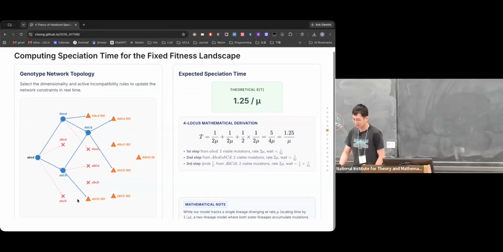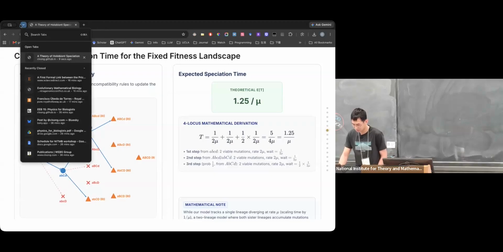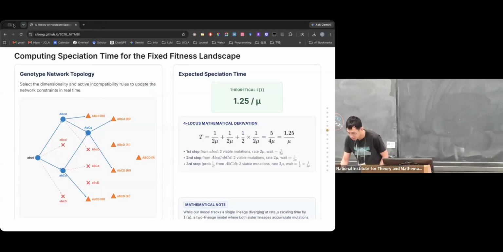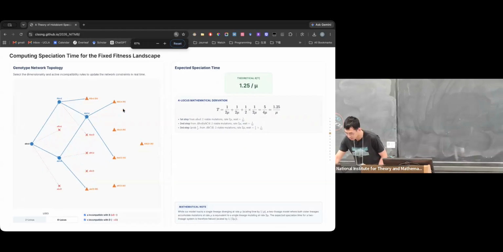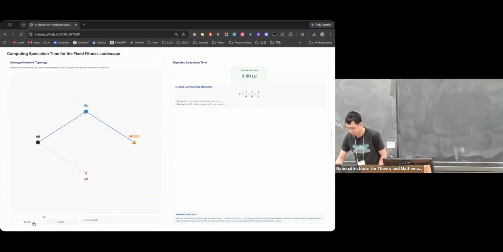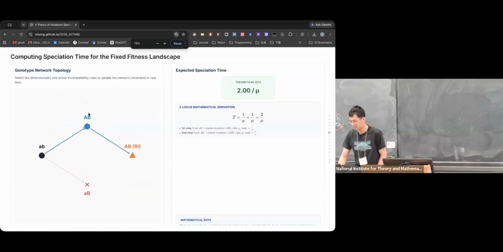For example, with two loci, there are only two paths. Each path takes an expected time of 1 over mu, where mu is the mutation rate. There are two steps, so it's going to take 2 over mu.